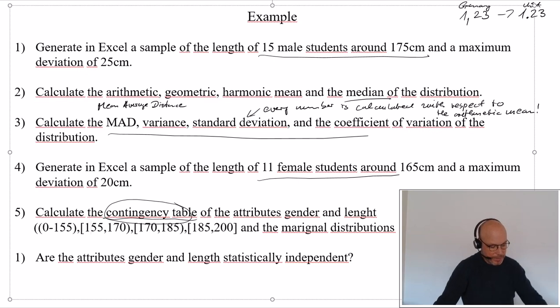And what you see here also is that I took on this side always a round bracket. And this means if you are exactly 170 centimeters, then you are not a member anymore of this class, but of the next one. So this bracket here means including the limit of the interval.